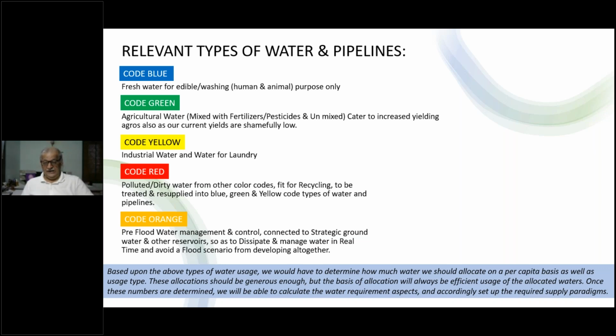Now, once these numbers of per capita water consumption and types of consumptions are determined, then the required supply paradigms are fed into the data and statistical parameters of the grid.